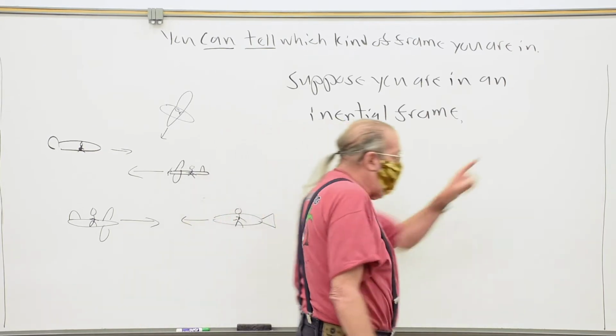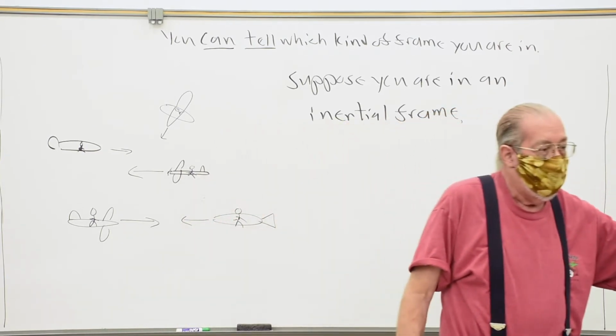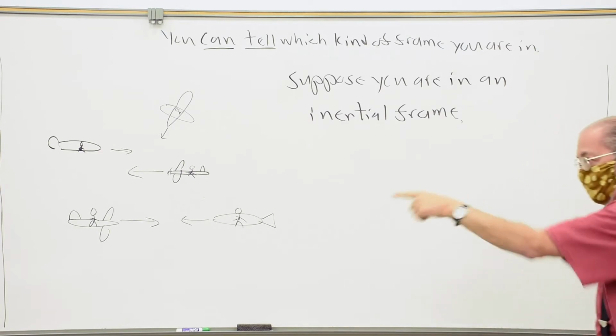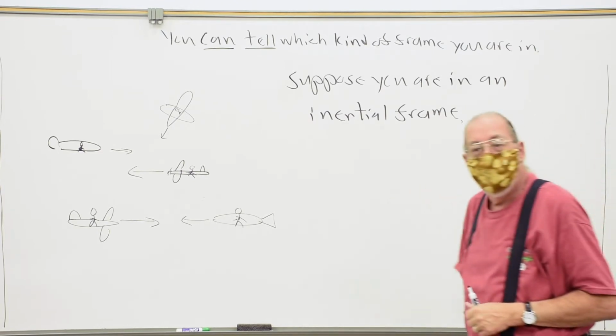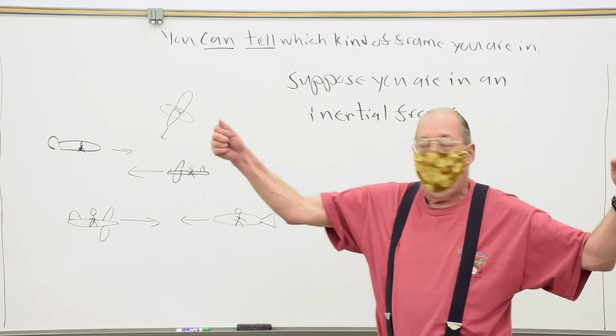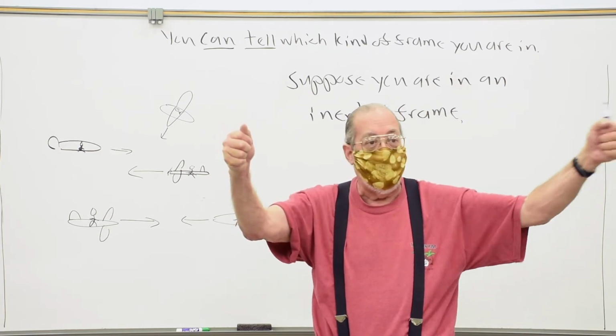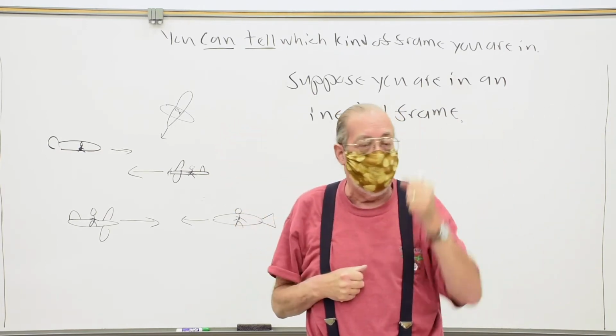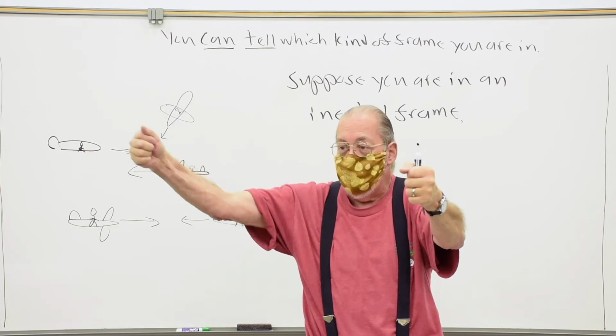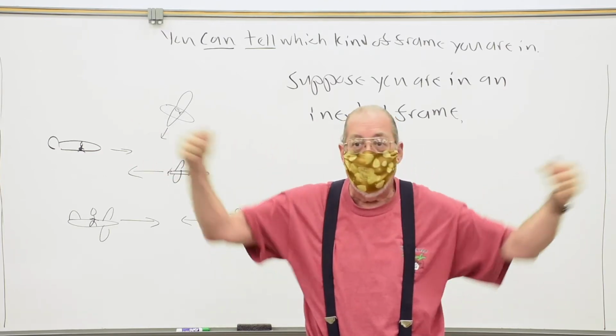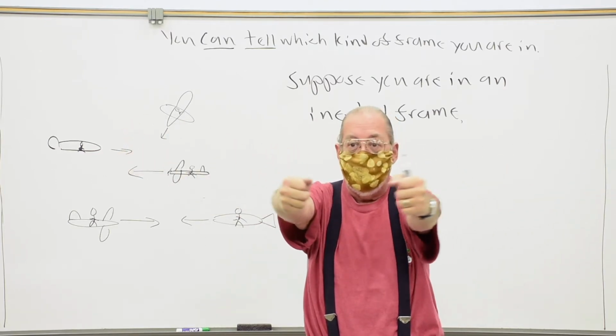This person sees the other one approaching. This person sees the other one approaching. It could be that one of them is sitting still and the other one's coming in, or it could be that this one is sitting still and the other is coming in, or they could both be doing this.